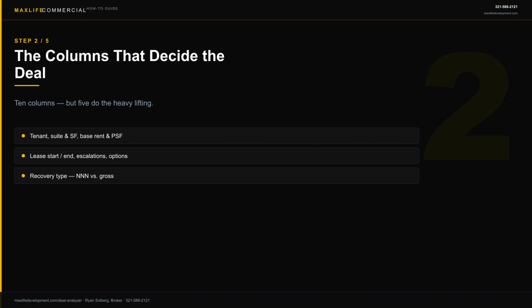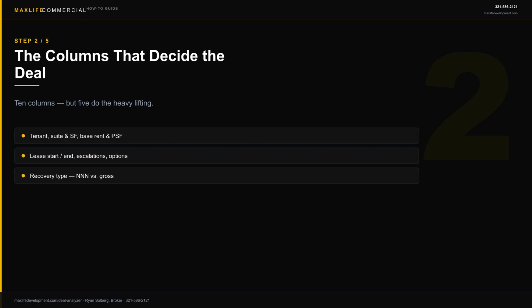Lease start and end dates, that is where rollover risk lives. Escalations and options. Do the rents step up, and can the tenant renew? And the recovery type. Is it triple net, where the tenant pays taxes, insurance, and maintenance, or gross, where you do? A triple net dollar and a gross dollar are not the same dollar. Read the type before you trust the rent.